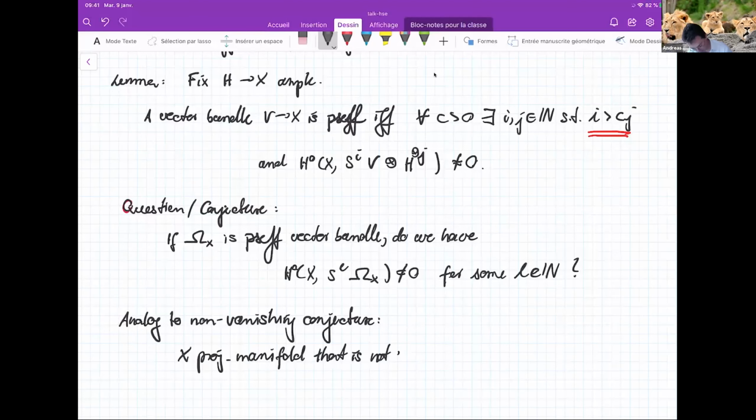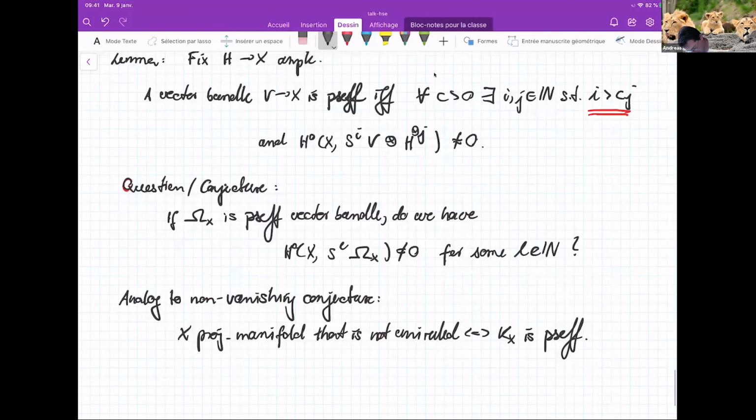So that's the assumption. Assume that you have this, then the non-vanishing conjecture tells you that you will have global sections for m K_X for some positive multiple, for some m in N.